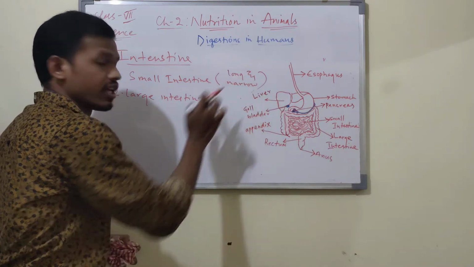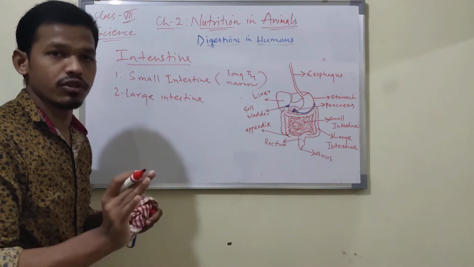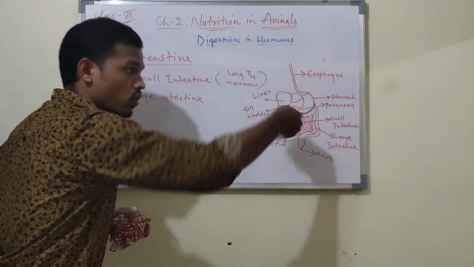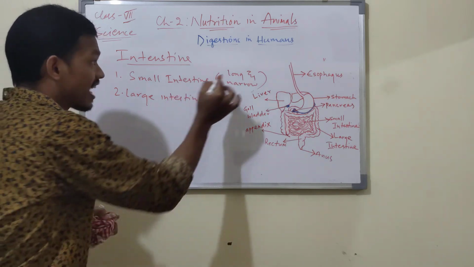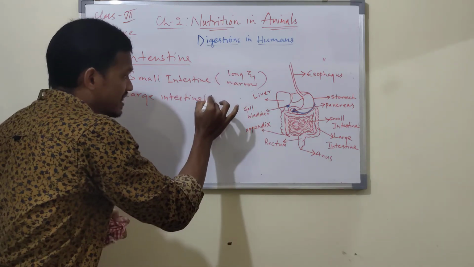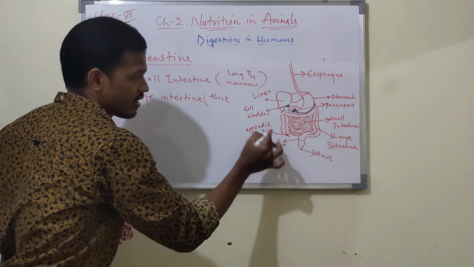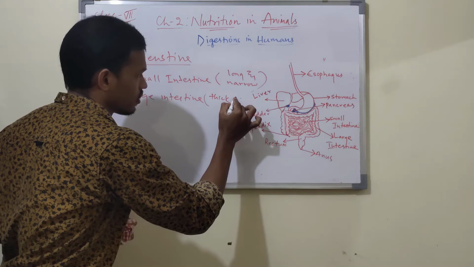They are coiled tubes, not straight. See, everywhere they are coiled like a tube. But this part is thick. This is the large intestine, thick and short.